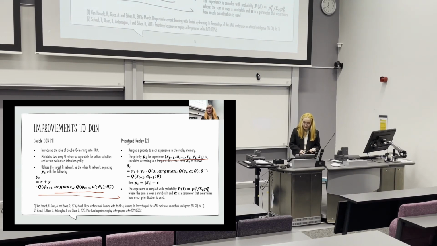It assigns a temporal difference error delta here to each experience, and then adds a small constant to it to get PI, which is the priority of each experience. After that, the method will calculate a probability, which is this capital PI, for each experience over a mini batch of experiences, and use these experiences for training according to their probabilities.